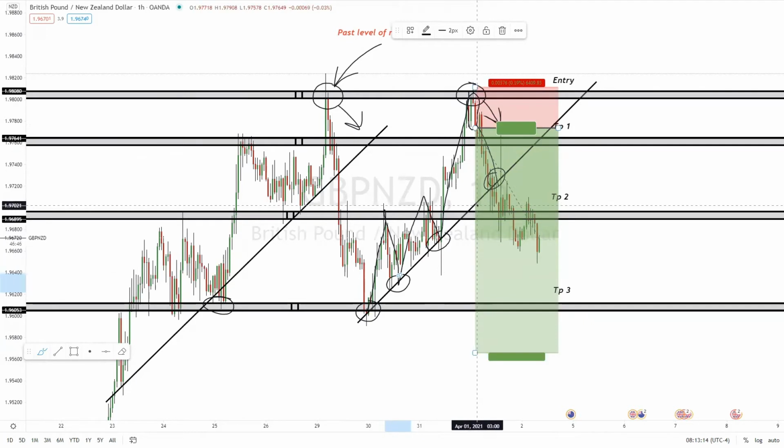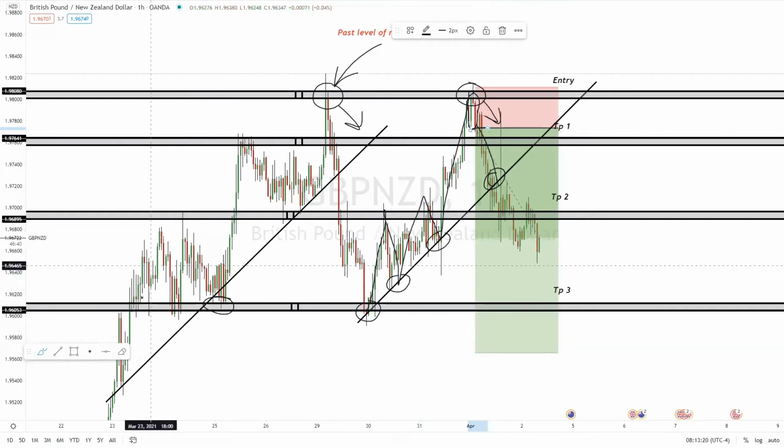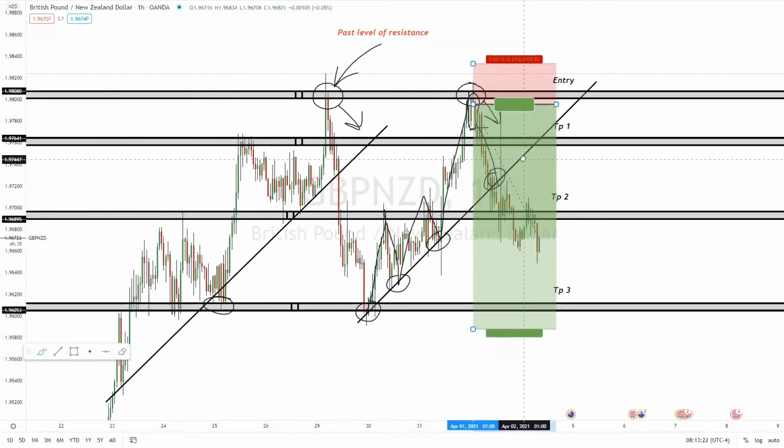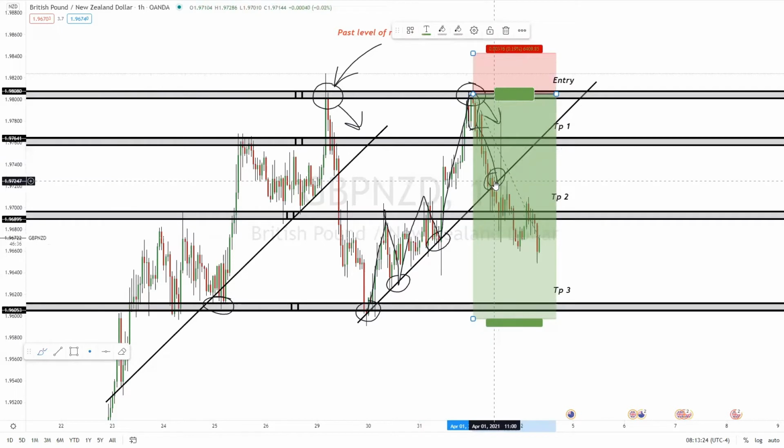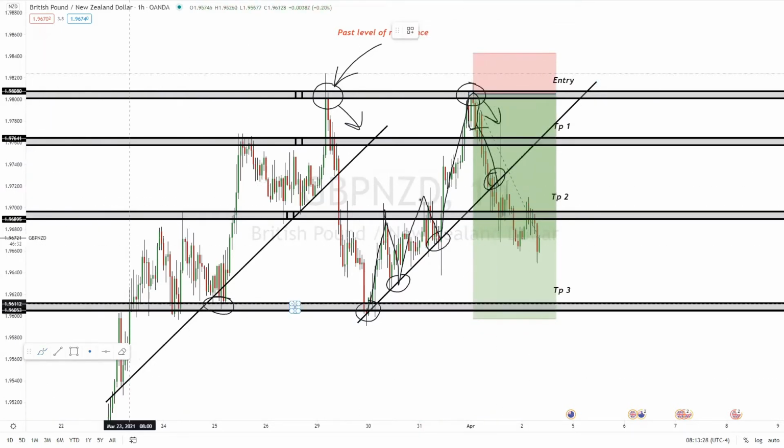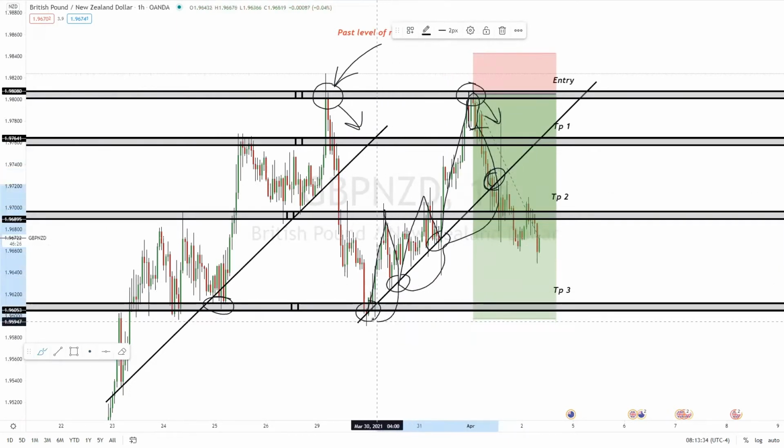Now, this right here, guys, is that make-it-or-break-it moment I call out all the time. If you got in for the sell here, or like I did at that sell limit, then when price action came back to the trend line, you were definitely watching it. Why? Because every time in the past, it always pushed to the top side.